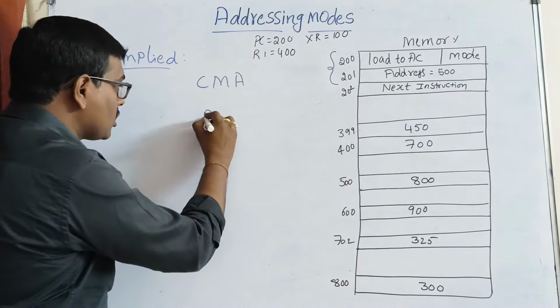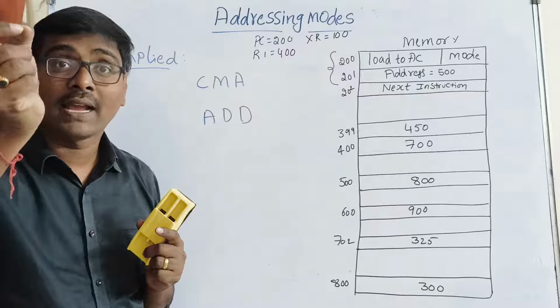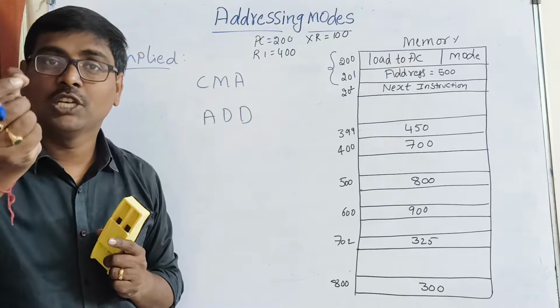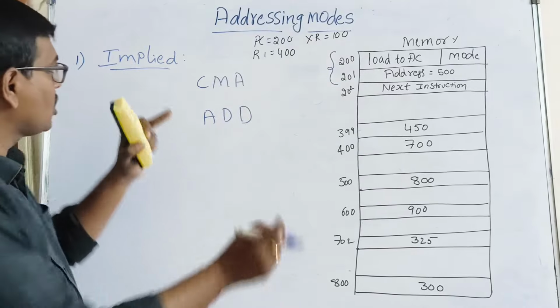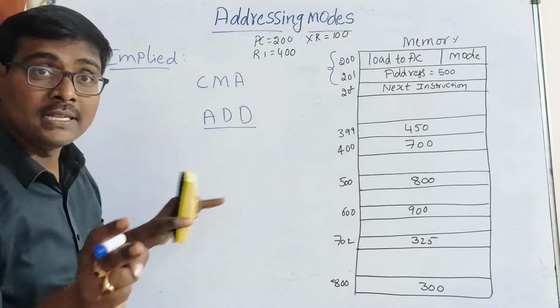Now, the add instruction. We already know different organizations. In that, stack organization is there. The stack organization uses zero address instructions. So, those zero address instructions are simply implied. Add here is not a normal add.